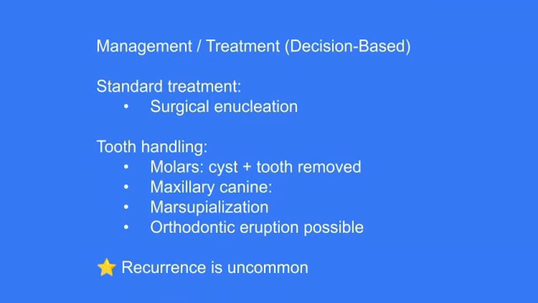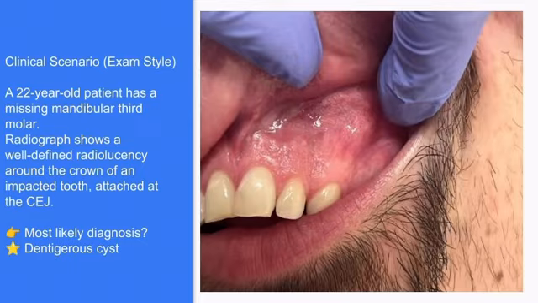Rarely, the cyst may turn into ameloblastoma or carcinoma, requiring aggressive surgery. So that's how we manage a patient having a dentigerous cyst. But we have to remember that if the cyst develops into a neoplasm like ameloblastoma or mucoepidermoid carcinoma, more aggressive surgery is needed.